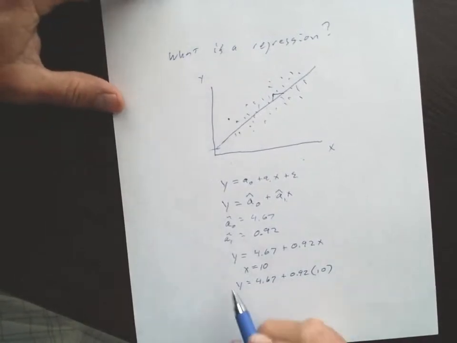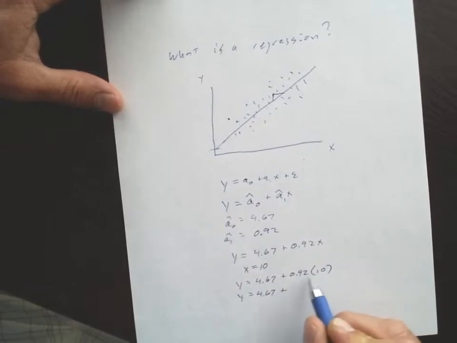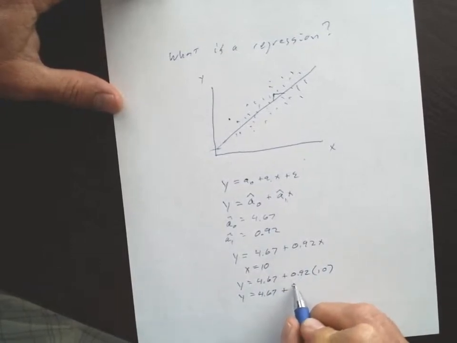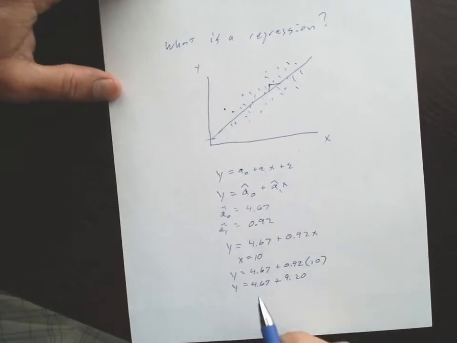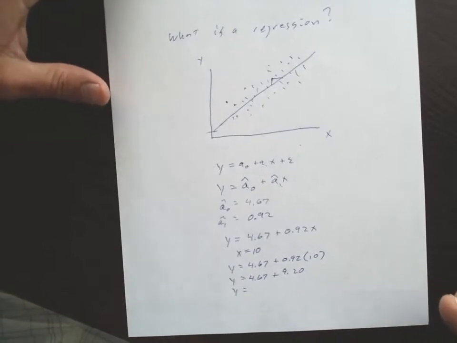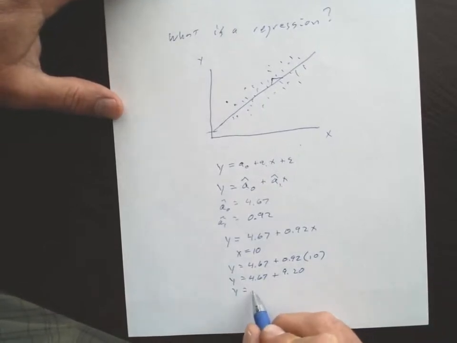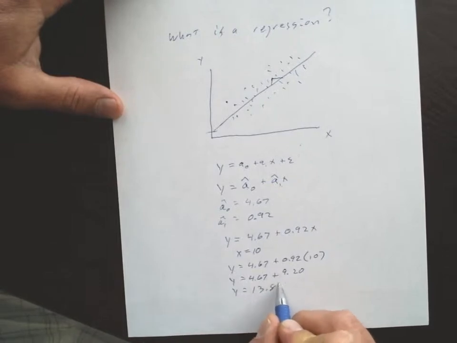So that would be y equals 4.67 plus 10 times 0.92 is 9.20, and therefore y equals, this is where I need a calculator, 13.87? Okay.